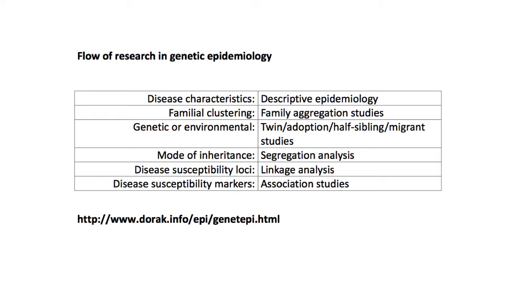We can also determine mode of inheritance by using segregation analysis. We can also determine disease susceptibility loci by linkage analysis. And lastly, we can determine disease susceptibility markers by association studies.